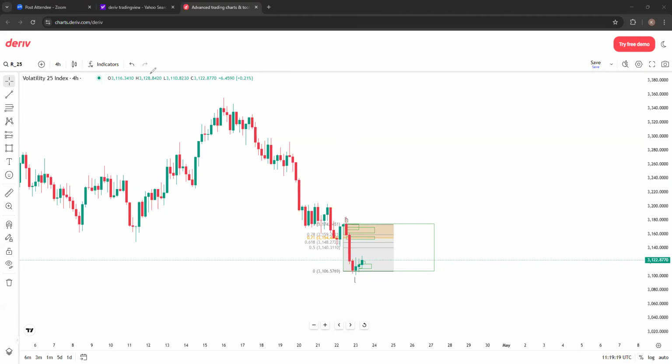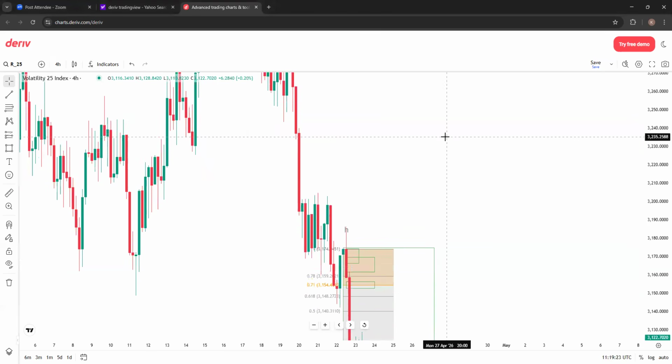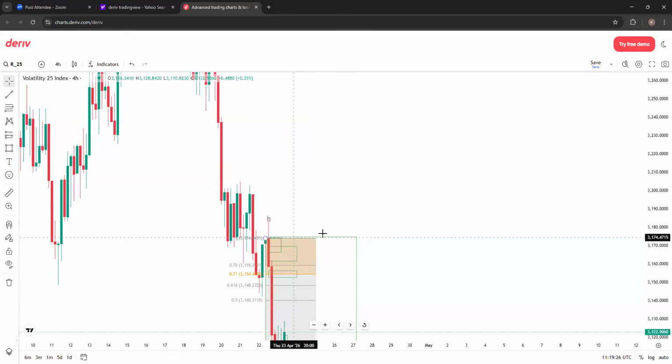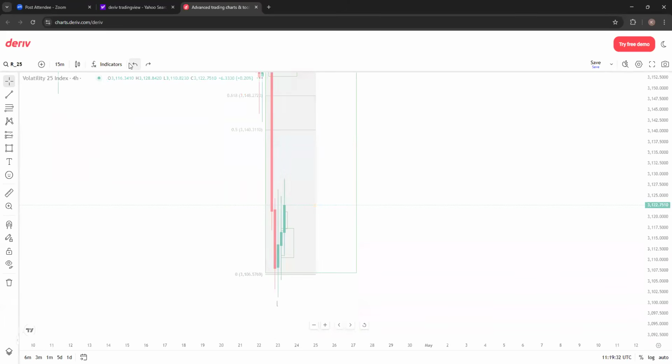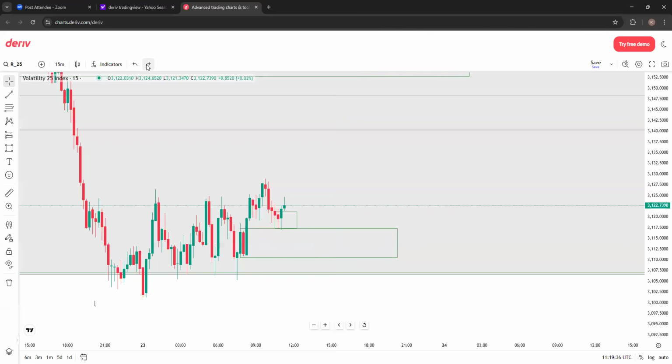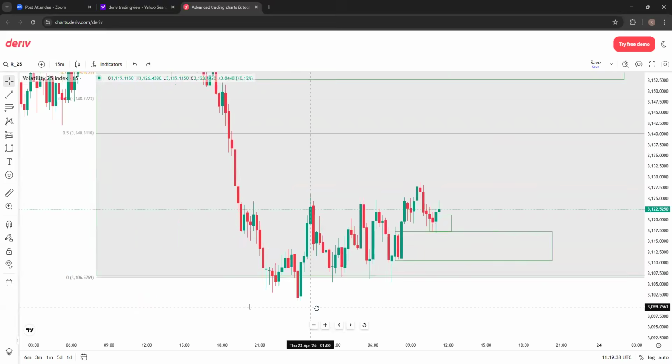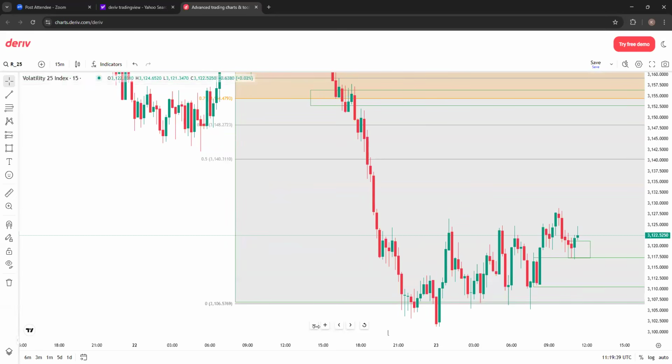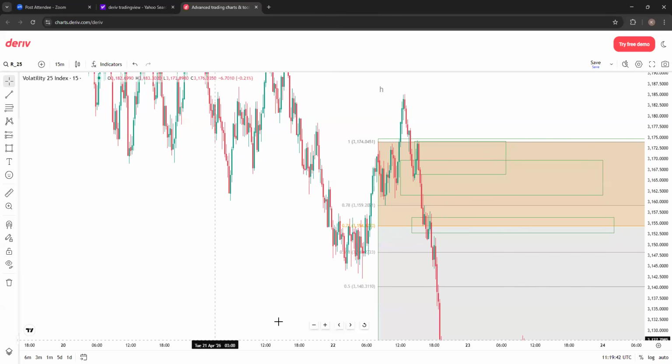So if this setup presented itself, I would leave it like that because it didn't retrace back to 50%. But knowing it's going in a downtrend, what do I do in a situation like that?